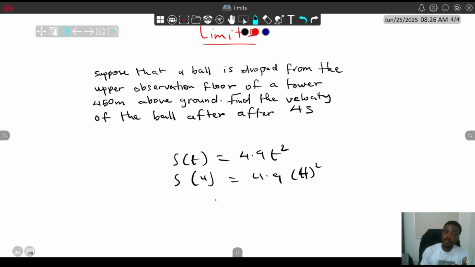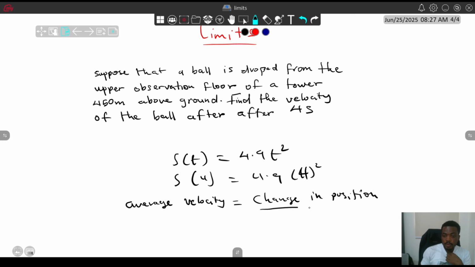So let's say we pick a point 0.1 seconds after the 4 seconds, and say that we have average velocity being equal to the change in position over the time elapsed.